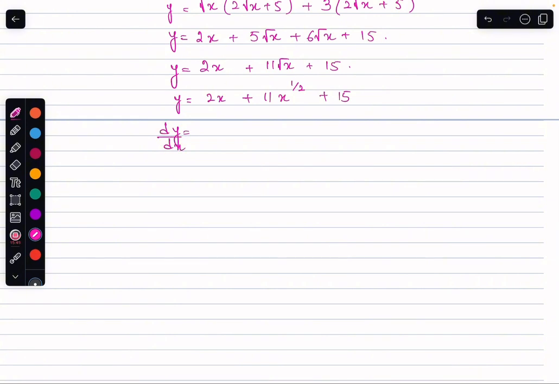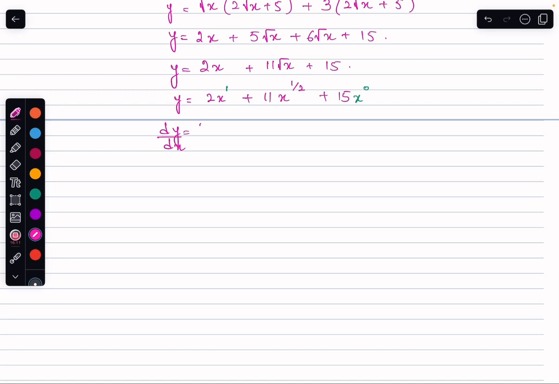The power of x here is obviously 1, and the power of x here is obviously 0. It's a constant in that equation. Just remember, whenever we have a constant in the equation, after differentiation, in the derivative function, the constant gets eliminated. Let's start working on it to see how it is done.